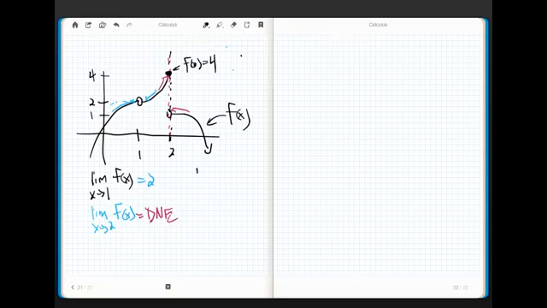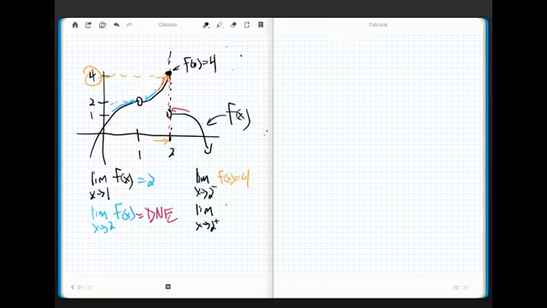However, what about if I take the limit as x approaches 2 from, say, the negative side? Well, what does that mean? It means I'm sneaking up on 2 from the left-hand side, which means if I put my finger on the graph, I'm sneaking up on 2 from the left-hand side. So what am I headed for? 4. Let's call this f of x, and this equals 4. Now, what about if I take the limit as x approaches 2 from the positive side?